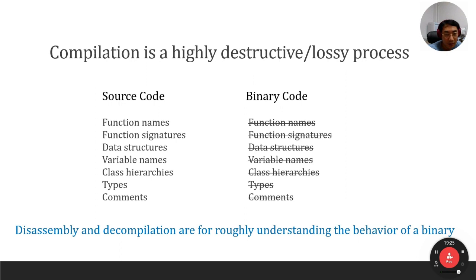So in the source code, you can find this kind of information, including function names, function signatures, data structures, variable names, and class hierarchies. If you are writing your code in C++, you have the classes and their own hierarchies because of the inheritances and so on.